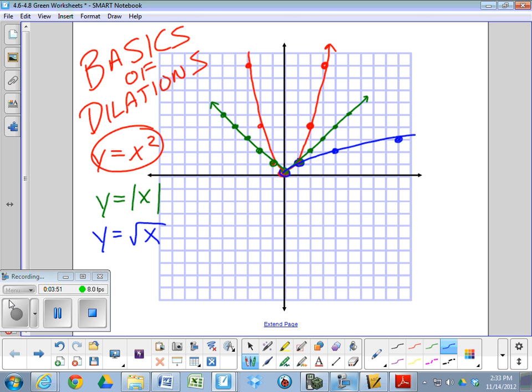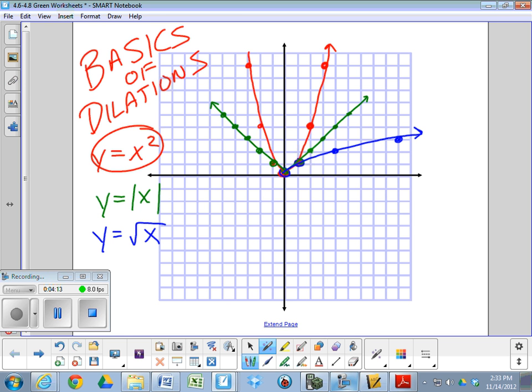So it goes like this. We don't draw the square root of 1, -1, the square root of 4, -2, and the square root of 9, -3, because if we did, it wouldn't be a function. We only draw the top half.